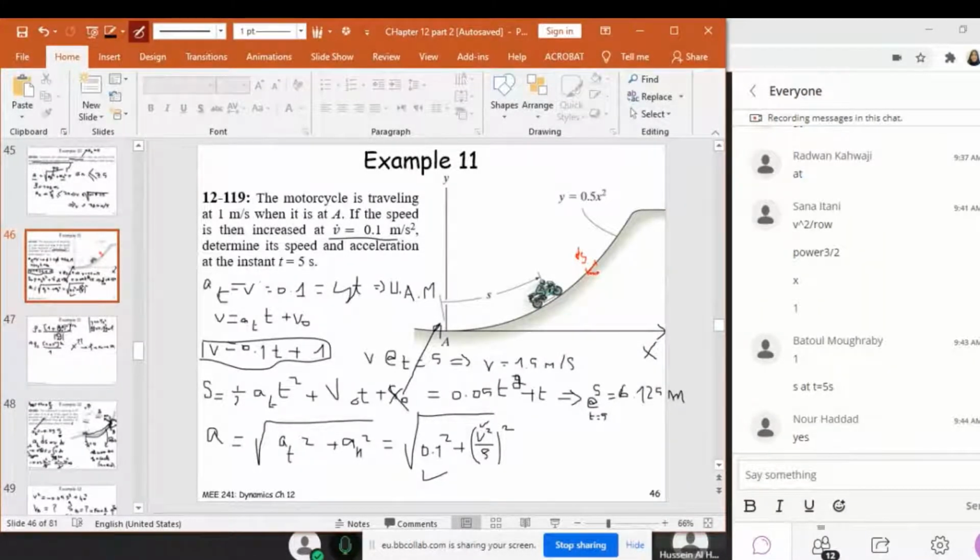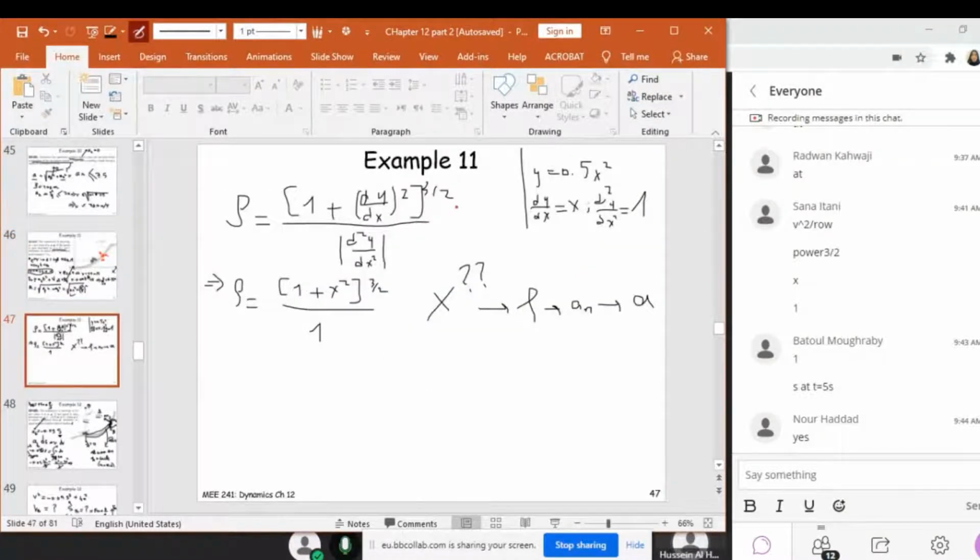And fortunately, the x component of this ds will be dx, and the y component of this ds will be dy. And this will be a right triangle, which means, guys, I can apply Pythagoras in order to find the equation of ds in terms of dx and dy.